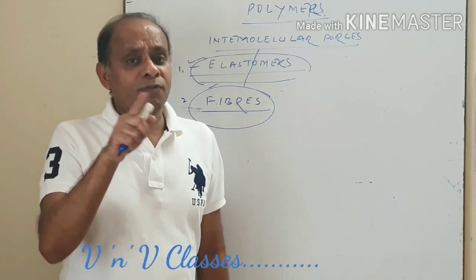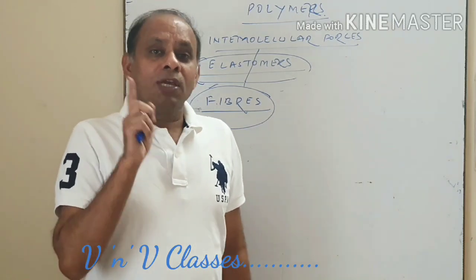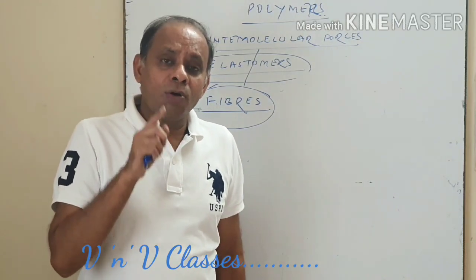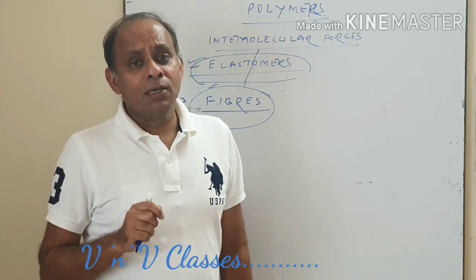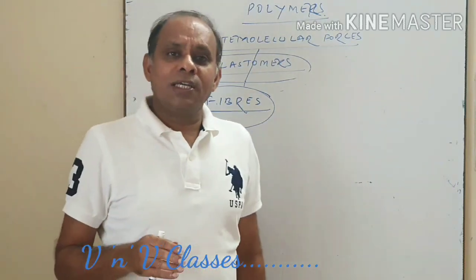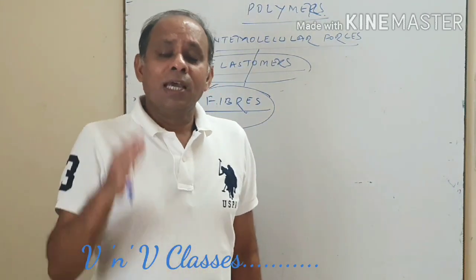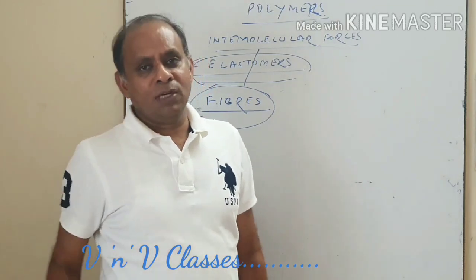I think you can remember from last year's chapter, chemical bonding. There you discussed dipole forces and hydrogen bonding. So in these fibers, we find hydrogen bonds between the polymer chains, and we find dipole-dipole interactions as well.